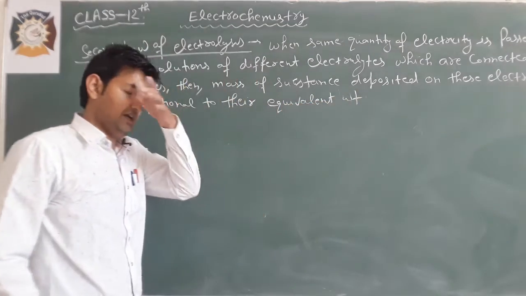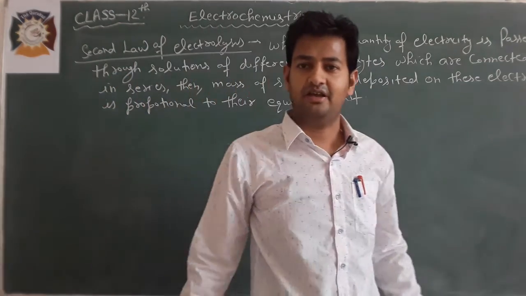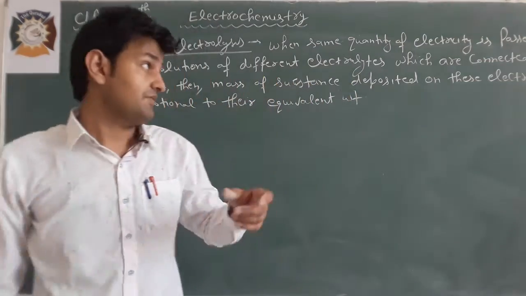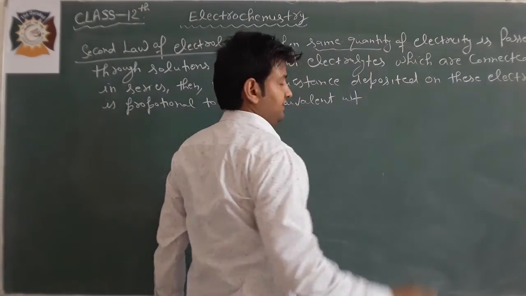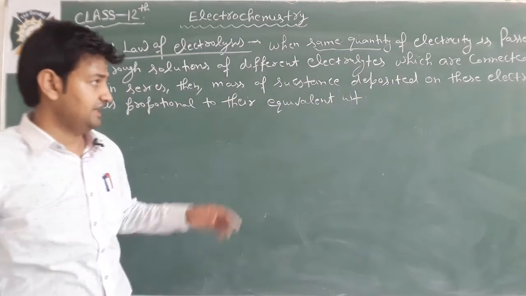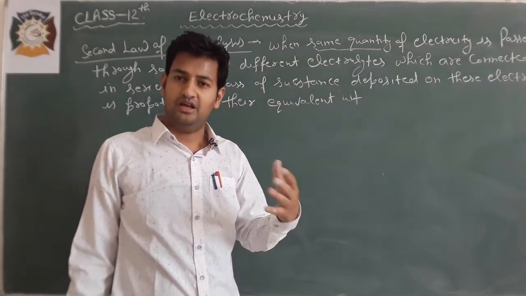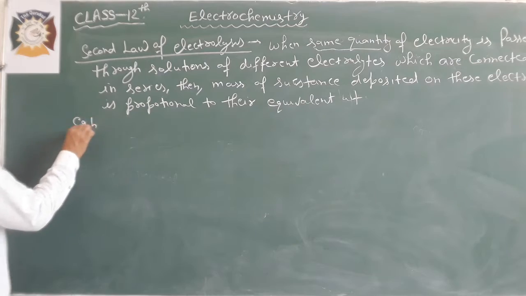So we can say that when two or more solutions are connected in series and the same quantity of electricity is passed, the amount of substance deposited on these electrodes is proportional to their equivalent weights. For this we consider an example.